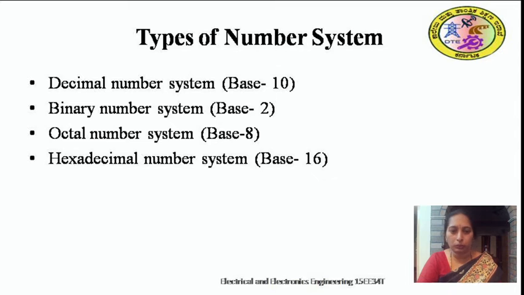Then after 9, we have another 6 symbols, that is A, B, C, D, E and F. From 0 to 9 and A to F, we use 16 symbols to represent numbers in the hexadecimal number system.